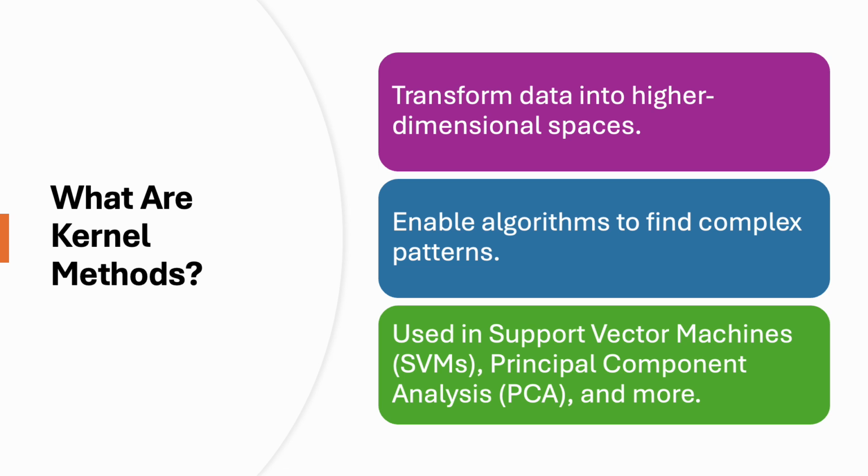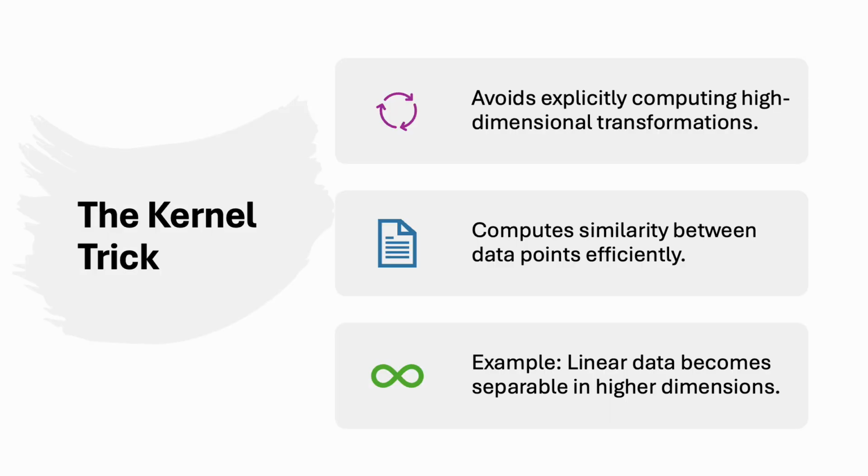This way, the robot does not just follow pre-programmed instructions. It adapts and learns from its environment, making it smarter and more flexible. The kernel trick, as just mentioned, avoids explicitly computing high-dimensional transformations and computes similarity between data points efficiently. The example is linear data becomes separable in higher dimensions.